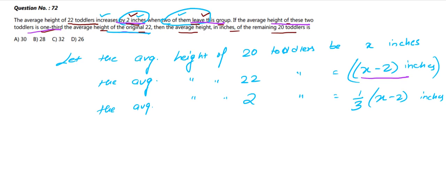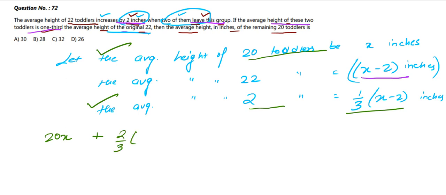Adding these two, we have the 20 toddlers' average height and the 2 toddlers' average height, so we can find the average height of 22 toddlers. The total height of 20 toddlers will be 20 times x, plus the total height of 2 toddlers, which is 2/3 times (x minus 2). We multiplied 20 with x and 2 with this number.